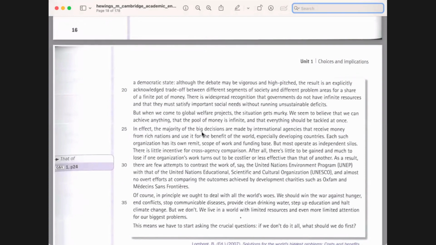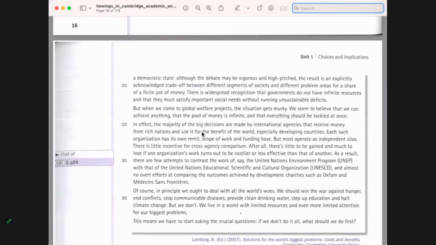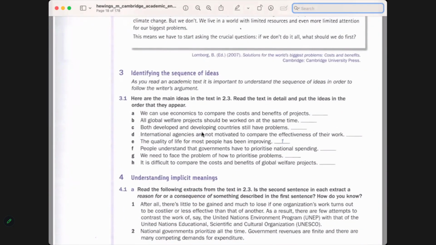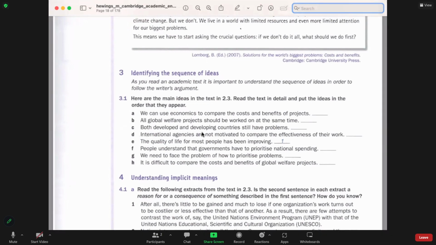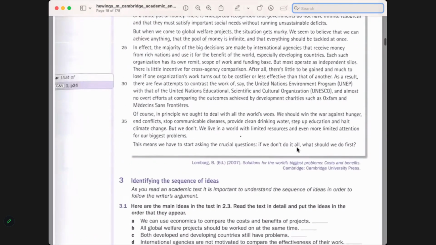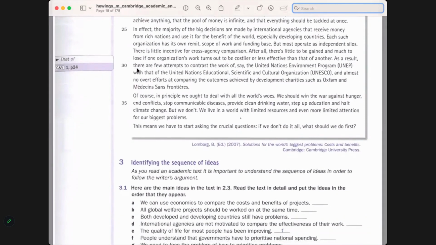The majority of big decisions are made by international agency that receive money, especially from developing countries. Also could be. So it's D, yeah? Yep, maybe. The next one.